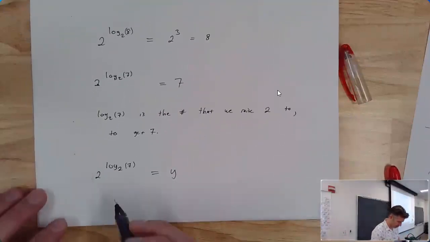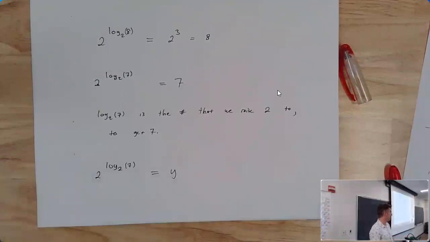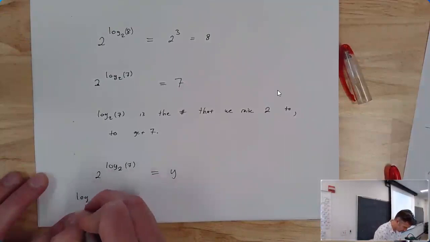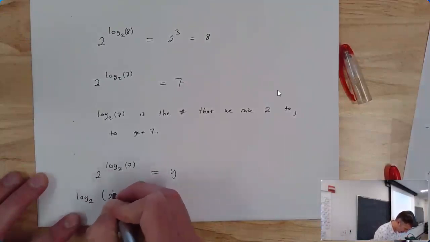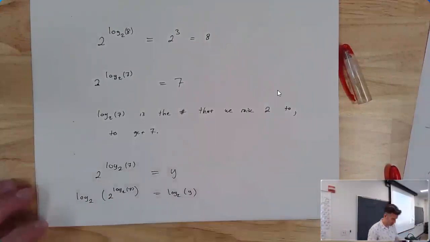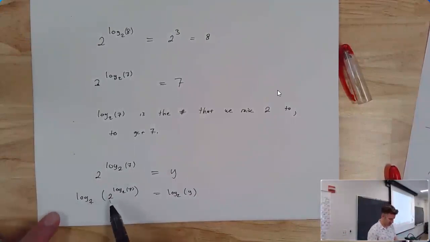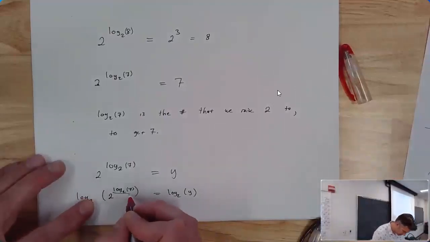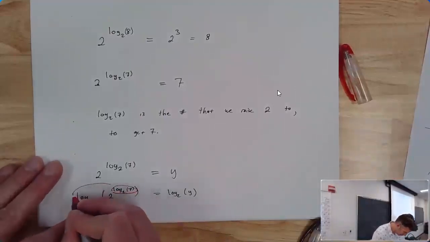If I take log base 2 of both sides, what's log base 2 of 2 to some stuff? Oh wait, I can just bring it down, right? This power can come down in front.